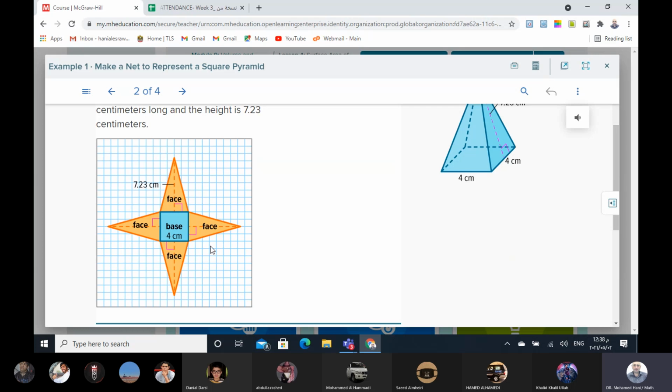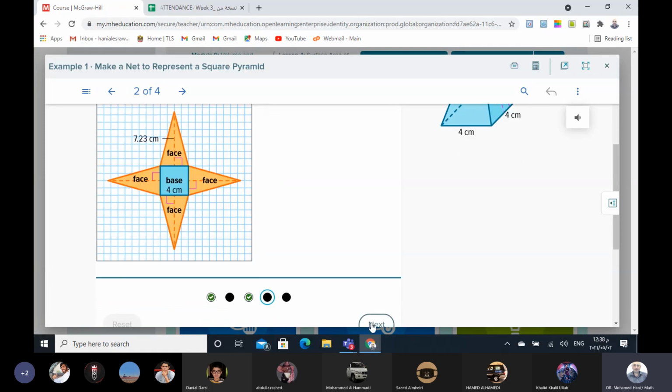So as you see now, this is the first lateral face, the second one, the third one, the fourth one. Four lateral faces, four congruent lateral faces. So this is the net of the square pyramid.